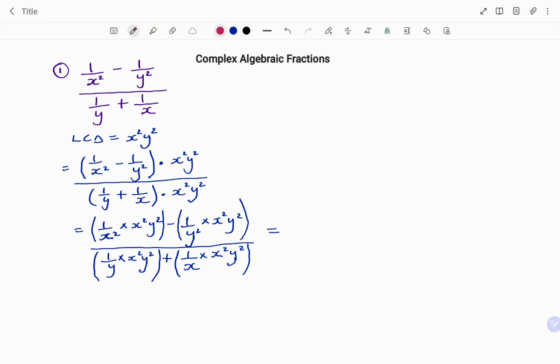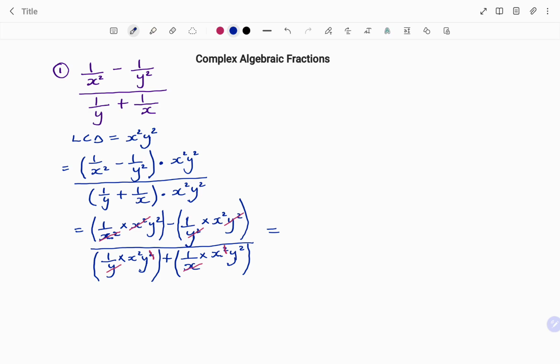The next step, I'm going to simplify. On the first bracket, I have x squared divided by x squared, that's 1. I have y squared dividing y squared, that's 1. I have y dividing y squared, you cancel the squared, that's applying the laws of exponent, and also x in x squared, that's x to the power 1.